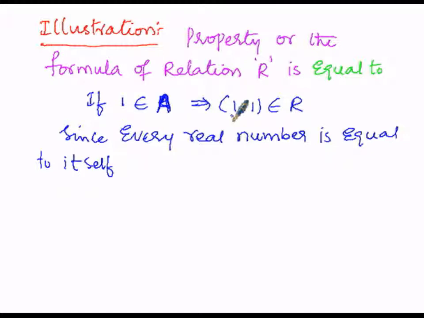Therefore every real number is equal to itself, so this property holds good. Hence, is equal to is a reflexive relation.